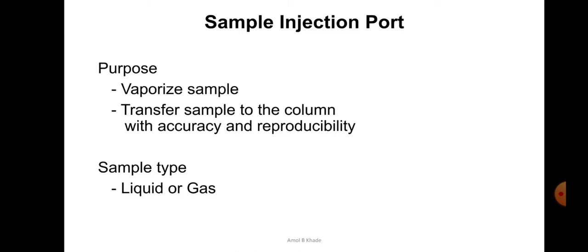Unlike HPLC, in GC the sample injection port plays a very vital role in deciding the reproducibility and accuracy of our analytical method, because in GC our sample is volatile, or we are converting it into a vaporized form, and we should not lose our sample during its introduction.